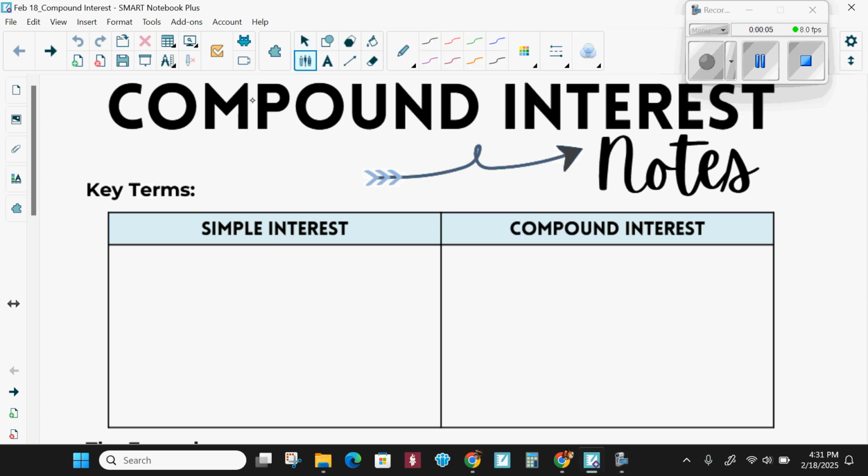Okay, so today's notes are going to be on compound interest. Now we're going to go over the definition of simple interest here first, and then we'll get into compound interest.